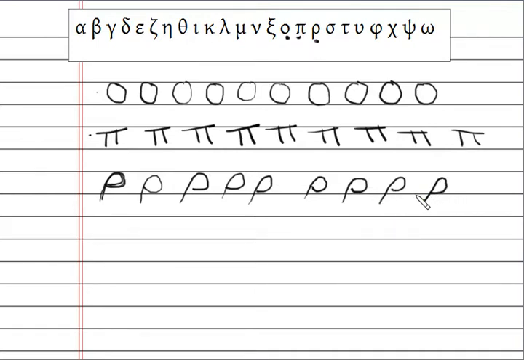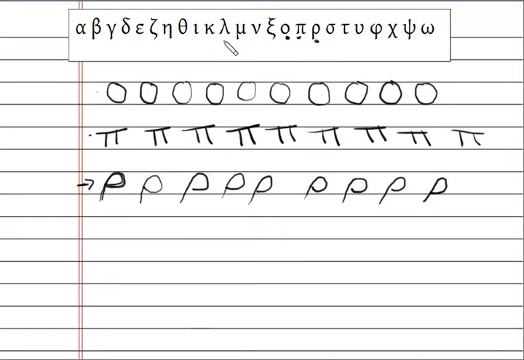Just remember, early on, you're going to think this is a P, but it's actually the Greek letter rho, like roll, Randy, Rand Paul, whatever. That's the Greek letter rho. Omicron, pi, rho.